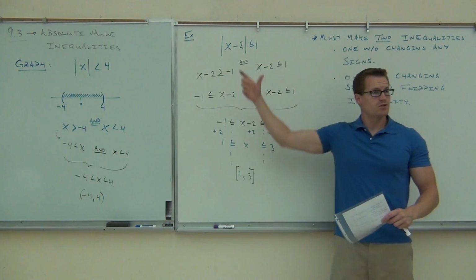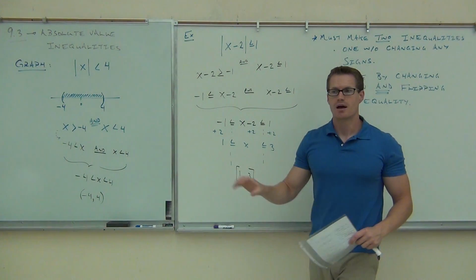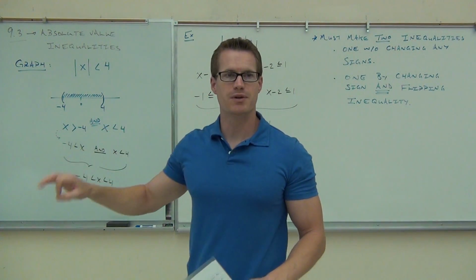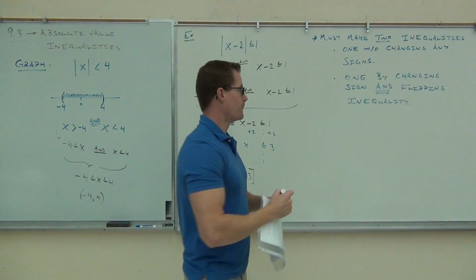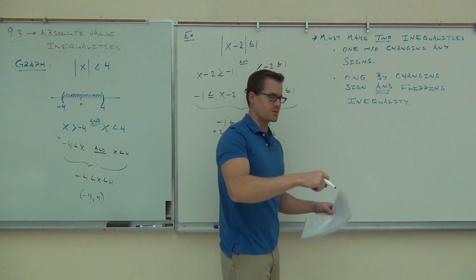Now, instead of doing this every time, we can understand that there's a shortcut with these type of inequalities. So here's what I need you to know. Pay attention up here.